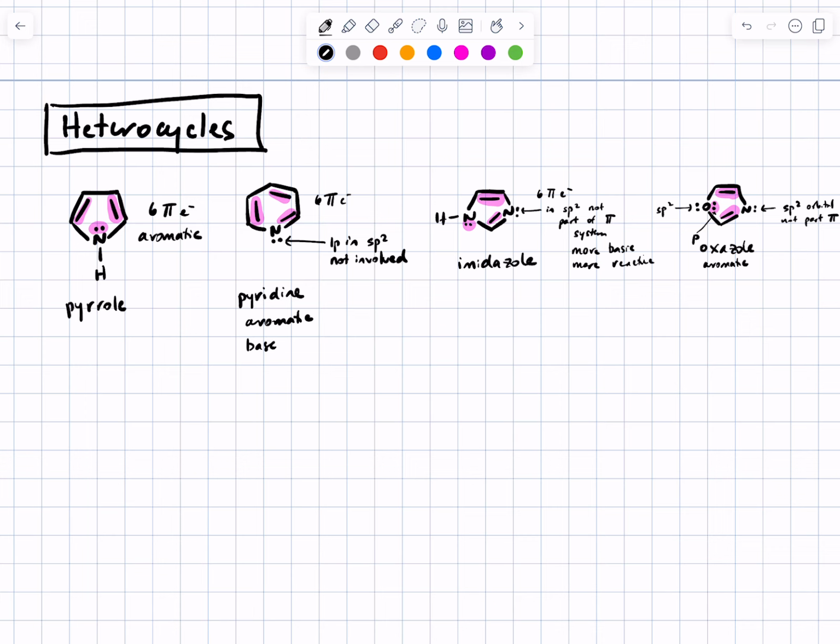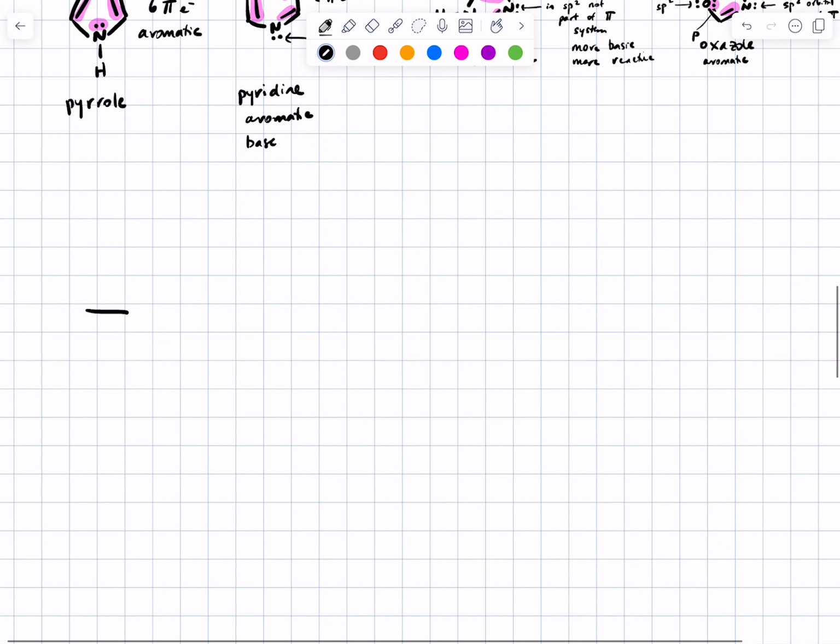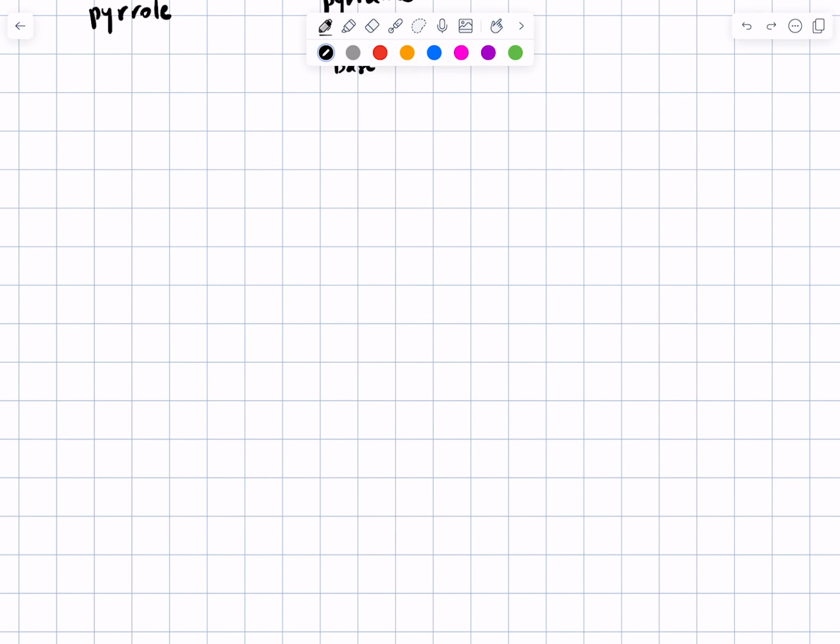We can use the concept of aromaticity to try to answer some other questions about stability of organic molecules. For example, suddenly I can't draw a 5-membered ring. Okay, close enough.